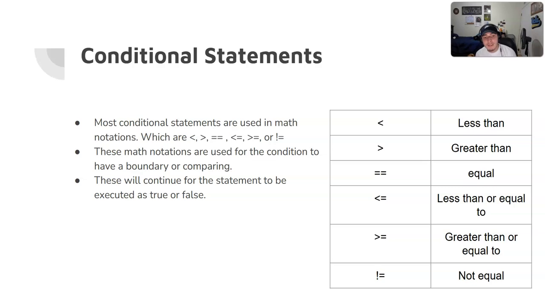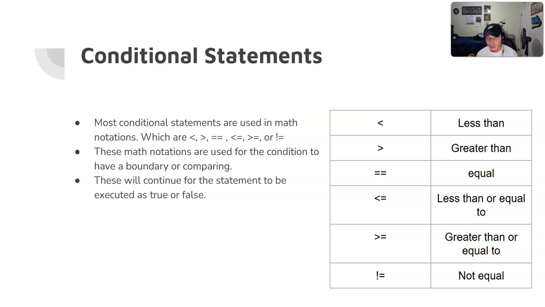With if and else statements, there are certain notations and operators included in these statements. These are called conditional statements. Most conditional statements in coding use math notations, which are less than, greater than, equal, less than or equal to, greater than or equal to, or not equal, as the chart on the right shows. These notations are used for conditions that have a boundary or comparison in your statements.